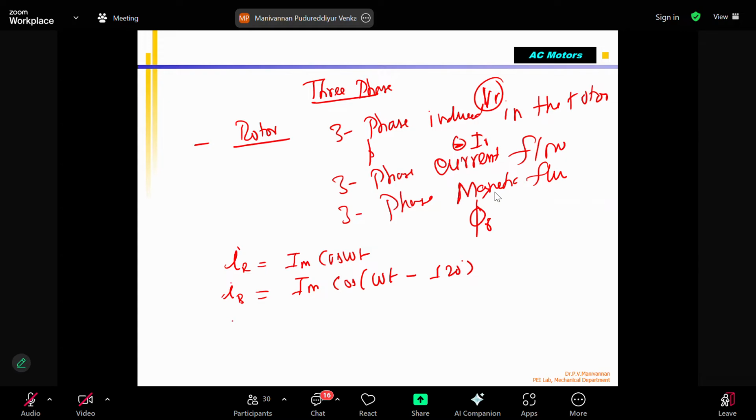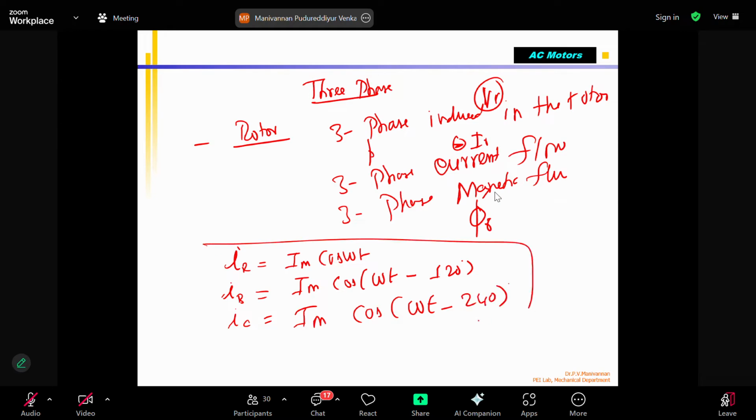So the current induced in the rotor will be the same, three phase shifted by 120 degree with respect to each phase. This is the three phase current going in the rotor. Now, again, it creates a magnetic flux, phi R, phi B, and phi G, and they will again be 120 degree apart.